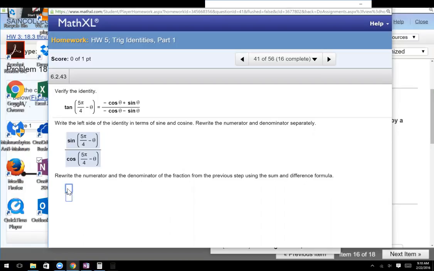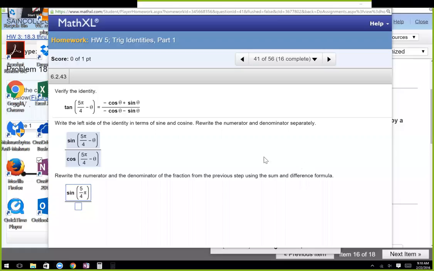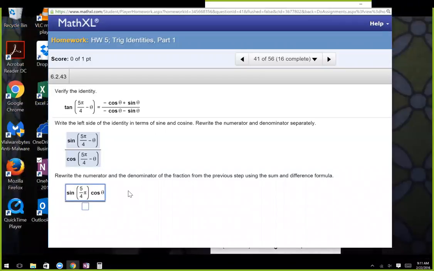So this is sine of 5 pi over 4 cosine of theta, minus cosine of 5 pi over 4 sine of theta.